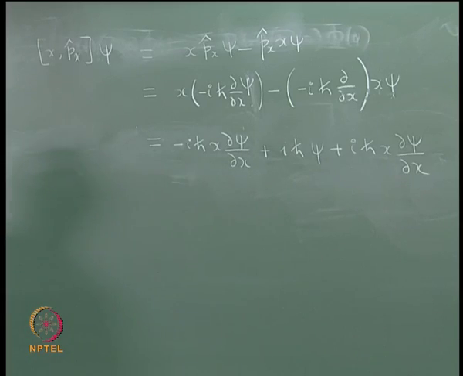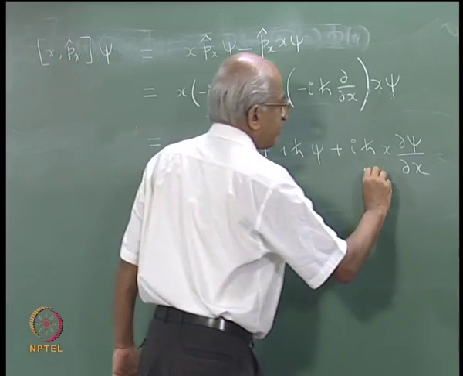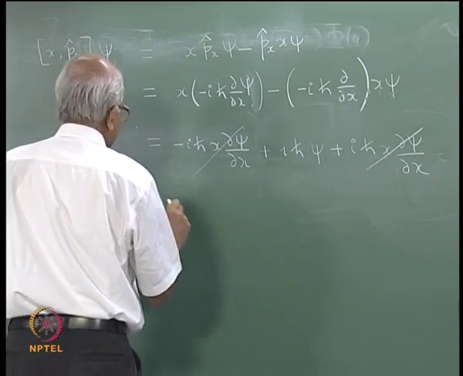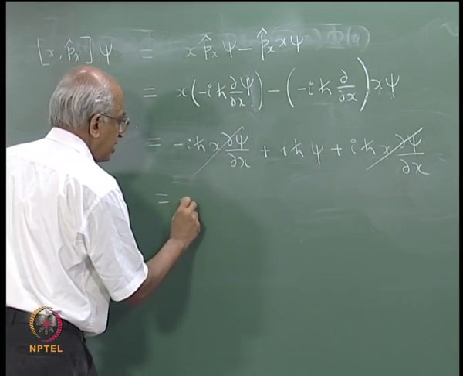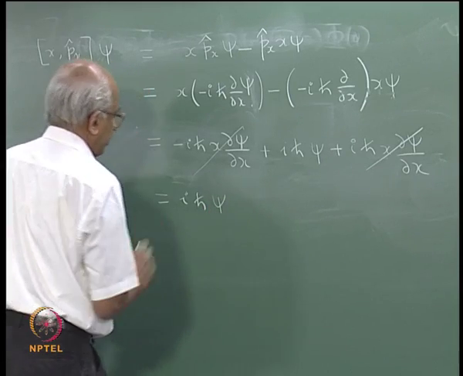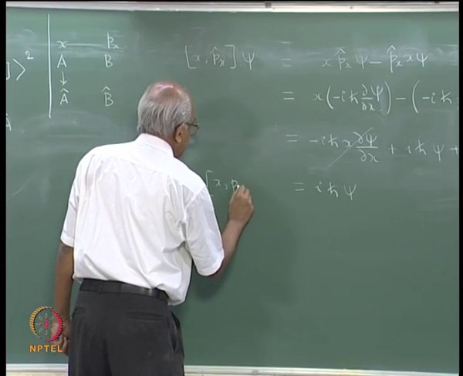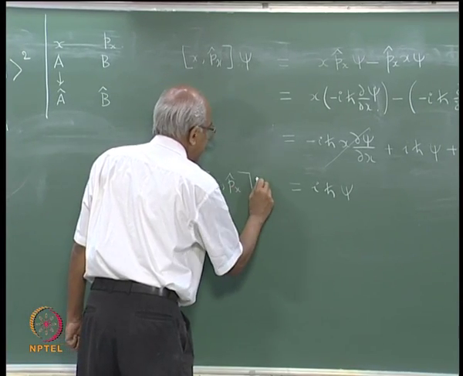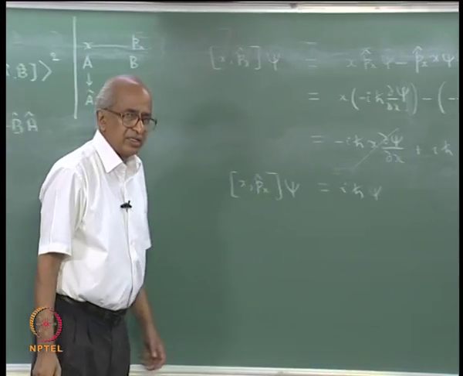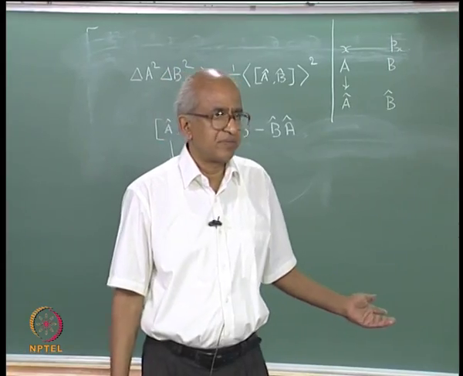And you can see that the first and the last term, these two terms cancel nicely, and hence the result is just I h cross into psi. So, the commutator of x and p x operating upon any arbitrary function psi is just the same as multiplying that psi by I h cross.